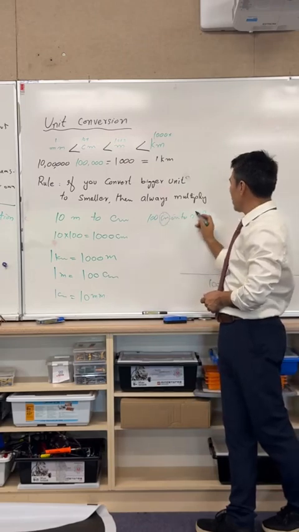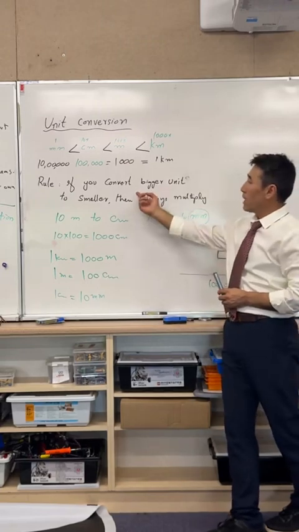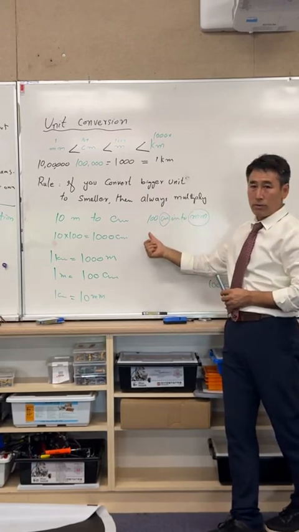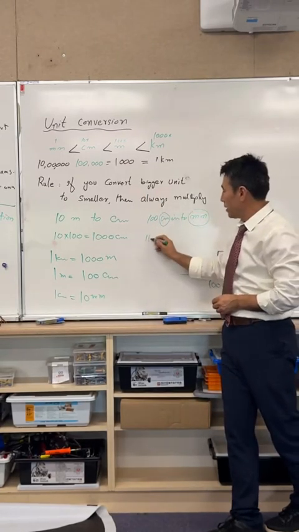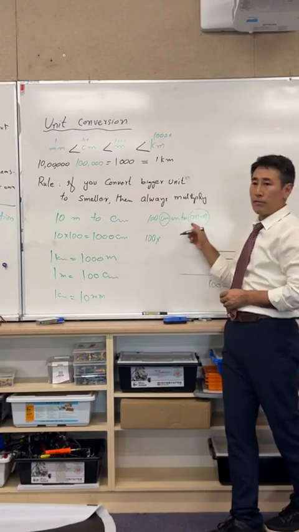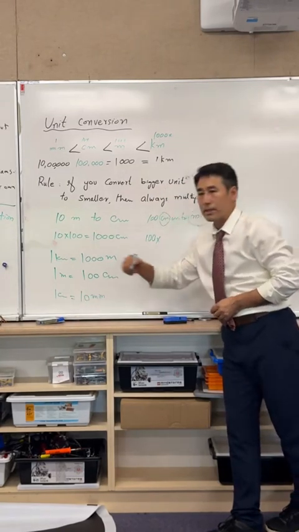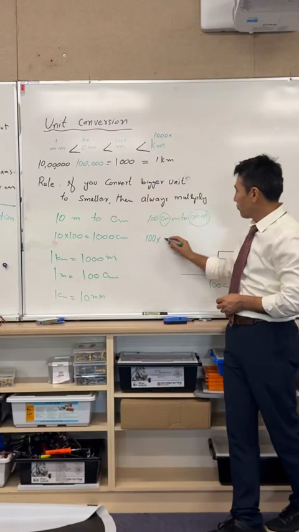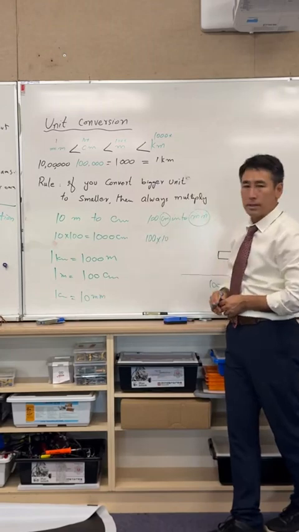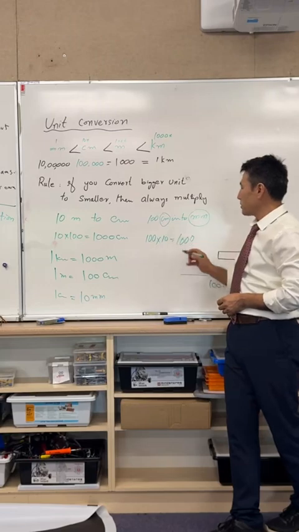Centimeter is bigger or millimeter is bigger? Centimeter, right? So you have to apply this rule, times this always, okay? Write down your 100 and times it. Now you should know the relationship between them. What is the relationship between centimeter and millimeter? 10. So you have to times it by 10, okay? Then you'll get 1000.